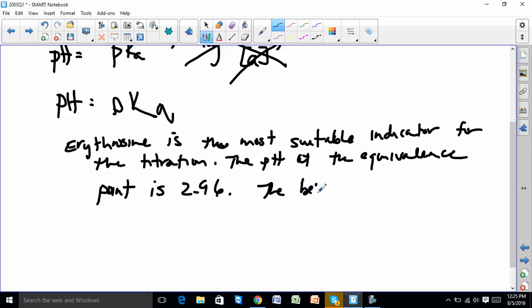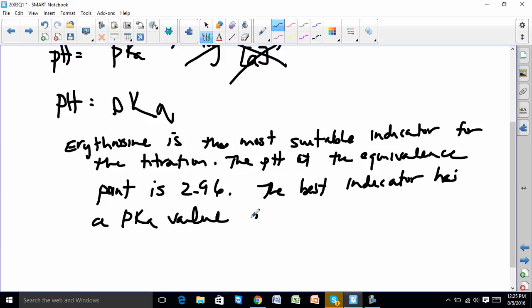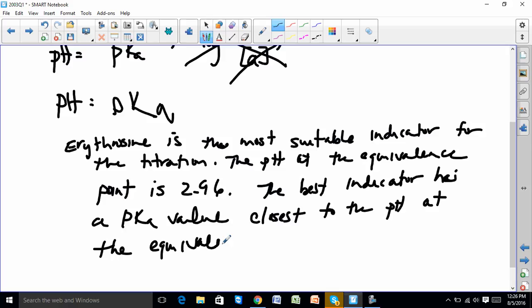The best indicator has a pKa value closest to the pH at the equivalence point. All right, that was a long one.